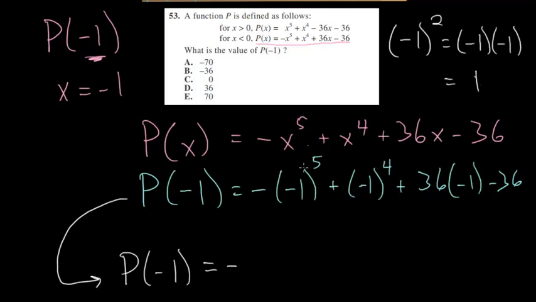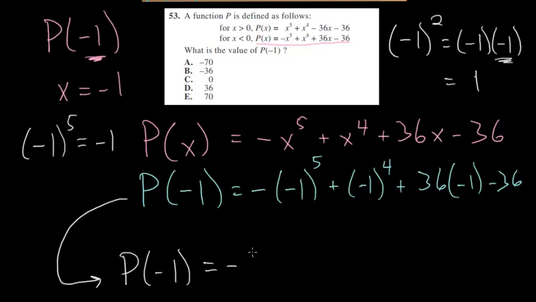But for an odd power, so negative 1 multiplied by itself an odd number of times, you're not going to be able to pair up one of these negative 1s. So what you end up with is just negative 1. So if that didn't make sense, negative 1 to the 5th power is just negative 1. And if you put this into your calculator with parentheses, you will get back negative 1.